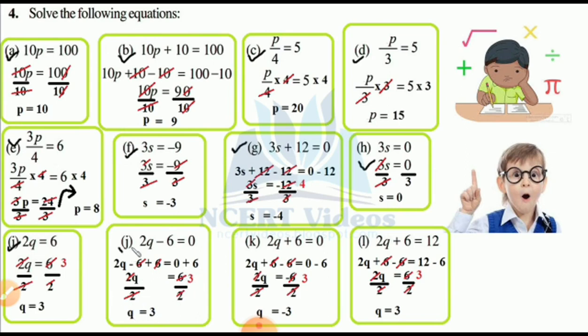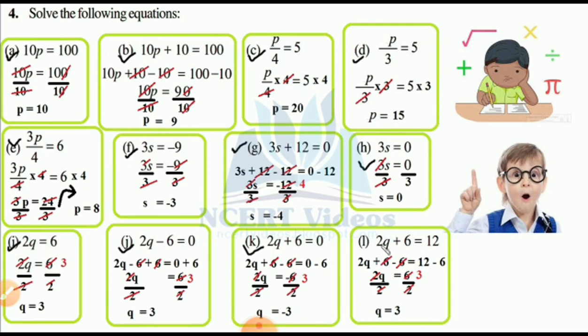You understood now. 2q plus 6 is equal to 0. Plus 6, that means minus. Subtract 6 both the sides, left side and right side. You now have 0 minus 6, that gives us minus 6. So 2 will cut, q is equal to minus 3. Minus 6 divided by 2 gives us minus 3.